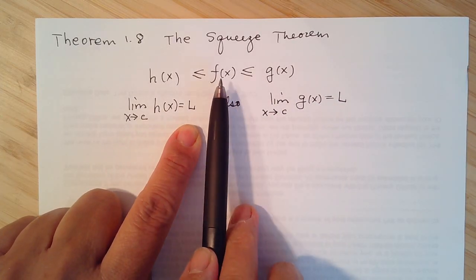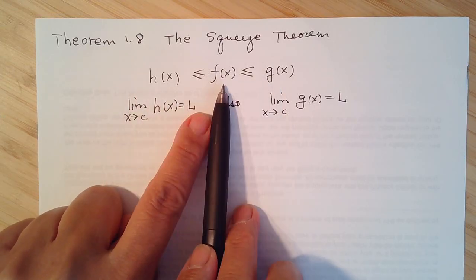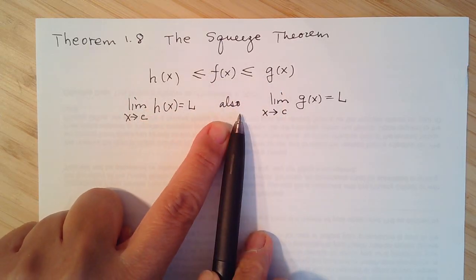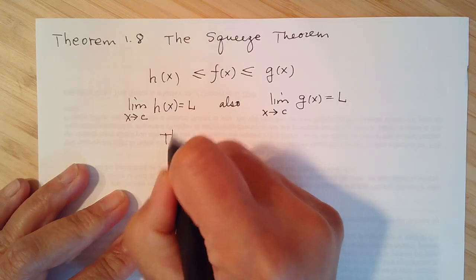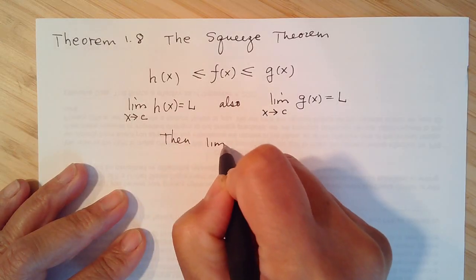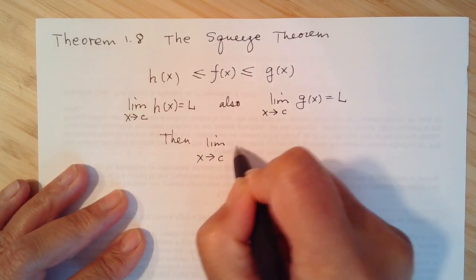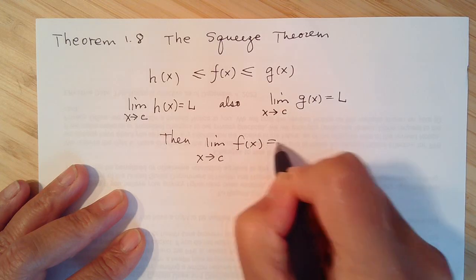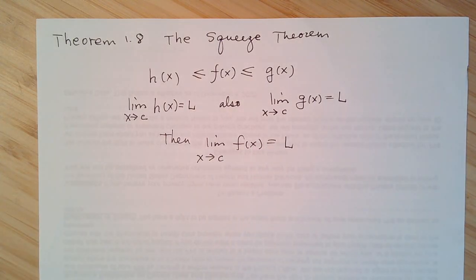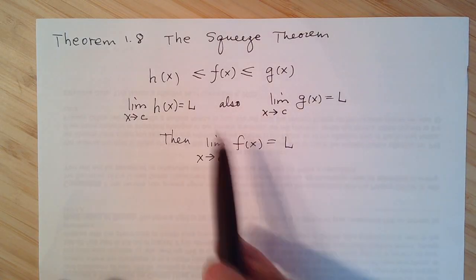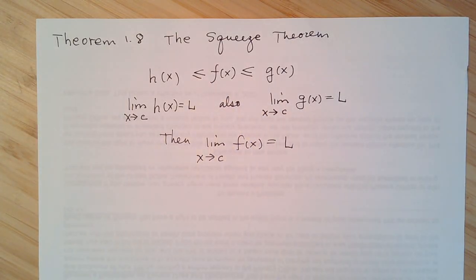And your f is in between them, so you get squeezed, and then the limit as x approaches c of f of x will be the same as that. So you understand why it is called a squeeze theorem. It's also called a pinching theorem or the sandwich theorem, because f is right in the middle between these two.